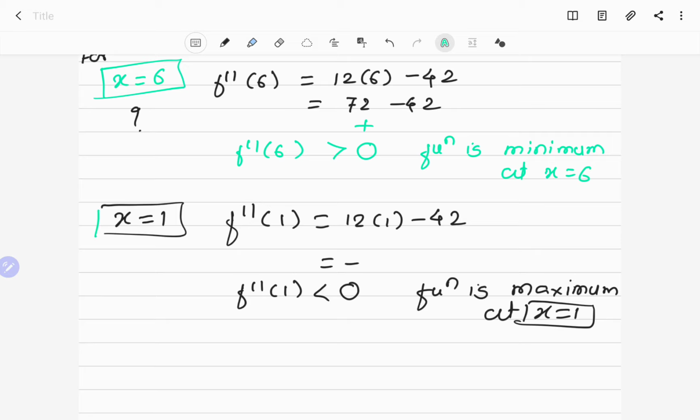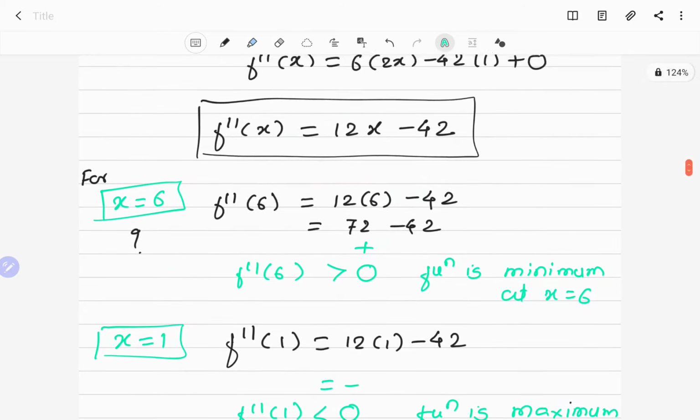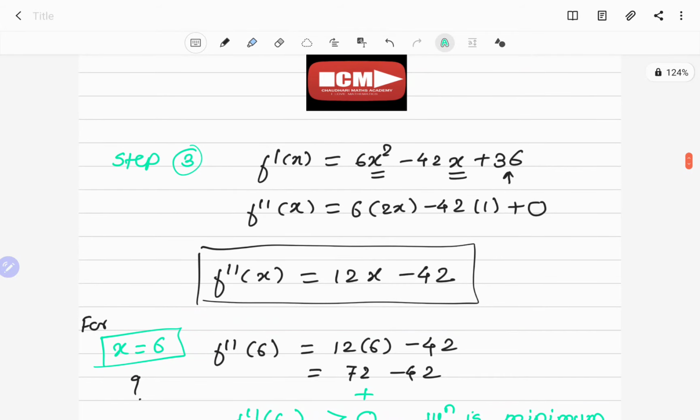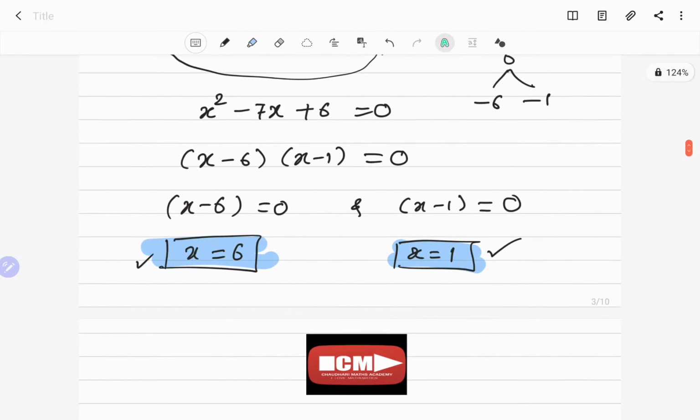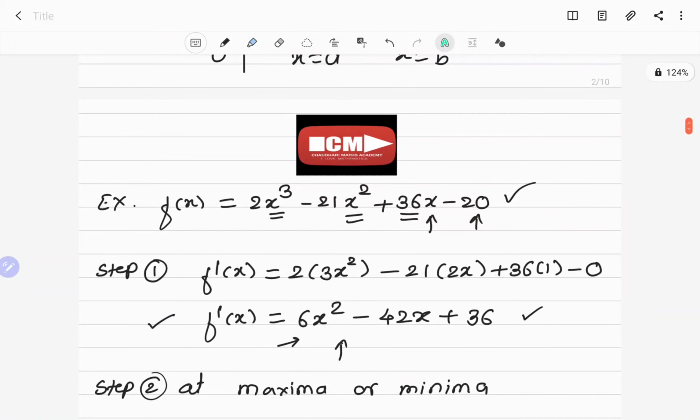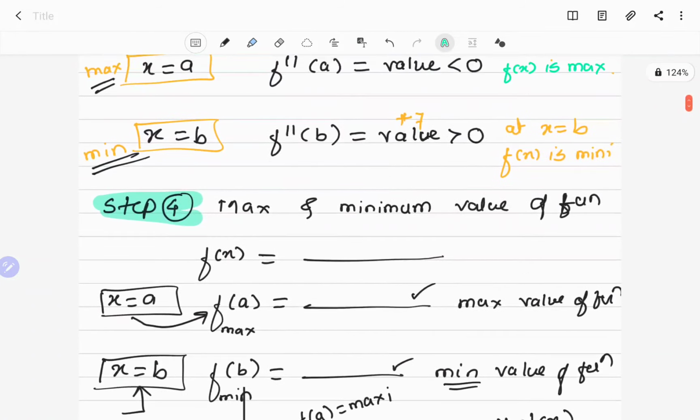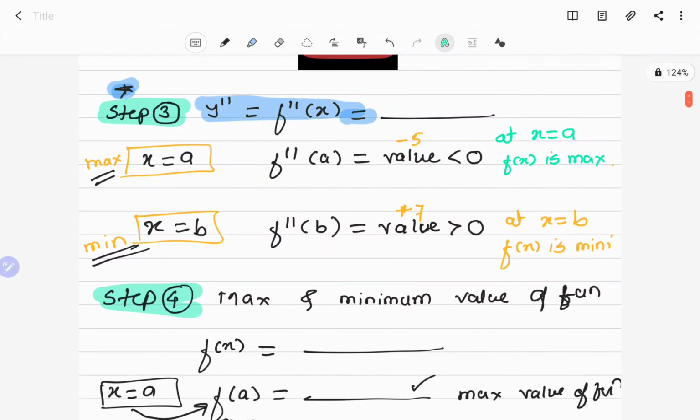But for x equal to 1, this double derivative is less than 0, or negative, so the conclusion is the function is maximum at x equal to 1. So here we finished with this very important step, step number 3, in which we clearly decided where exactly maxima and minima of the function occur.